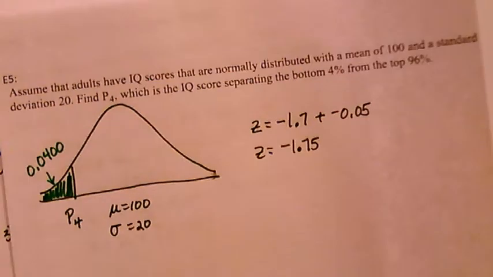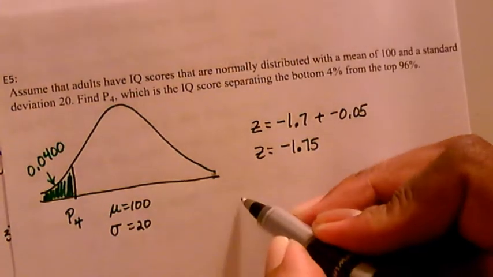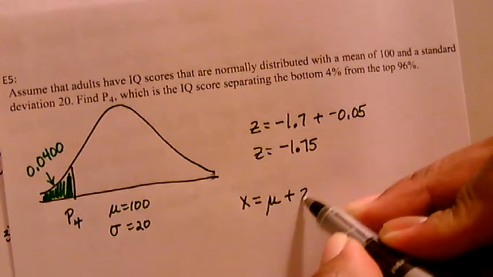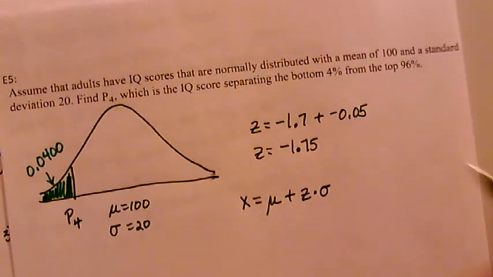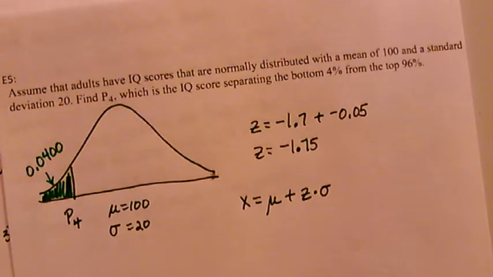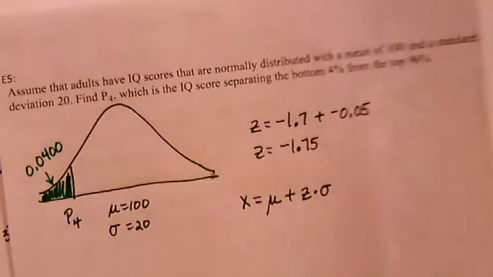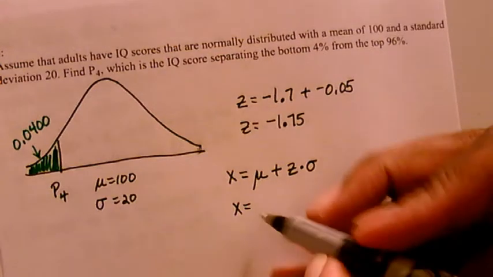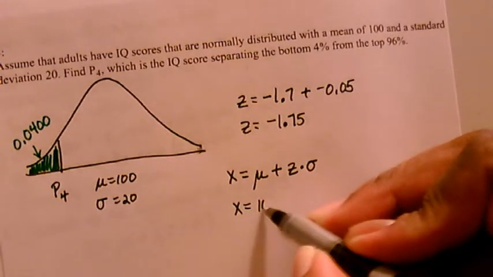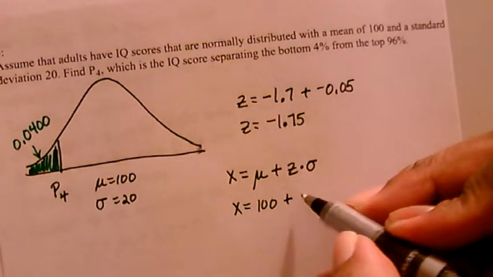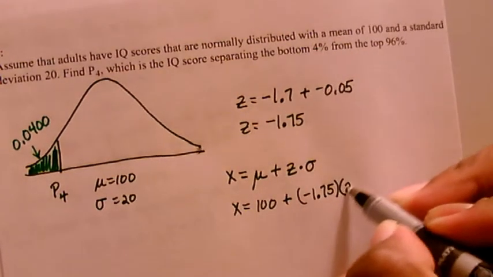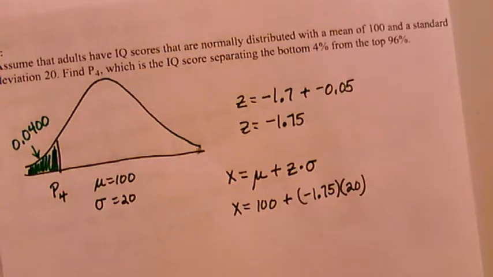Now we want the x value. So this is where we use this formula. X is equal to mu plus z times sigma. Your mu is your mean and sigma is your standard deviation. Okay, so using that formula, x is equal to mu, which is 100, plus z, that's negative 1.75, times sigma, which is 20.